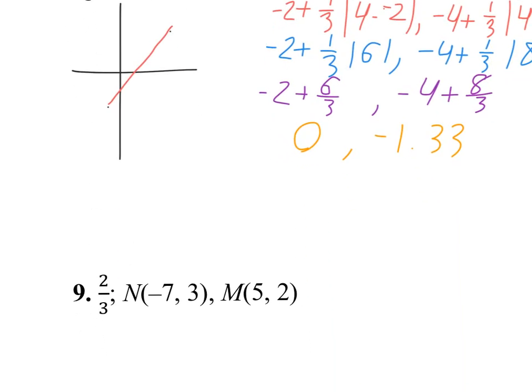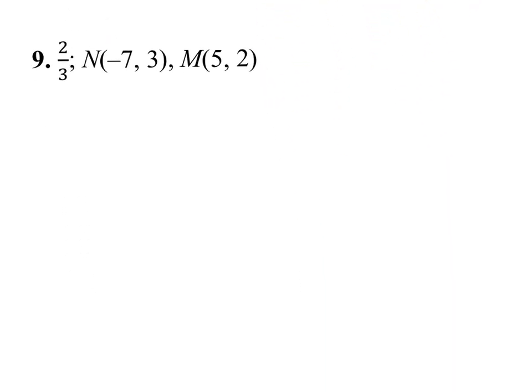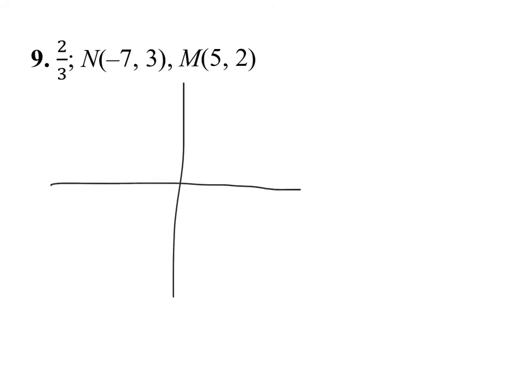But in number 9, things are going to change slightly. We want 2/3 the distance between N and M. If I sketch them out real quick, our y and our x, our N value, (-7, 3)-ish, and then M, (5, 2).